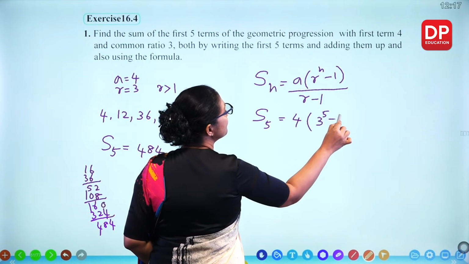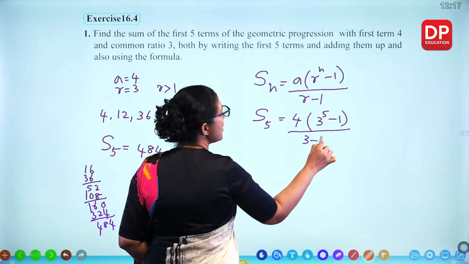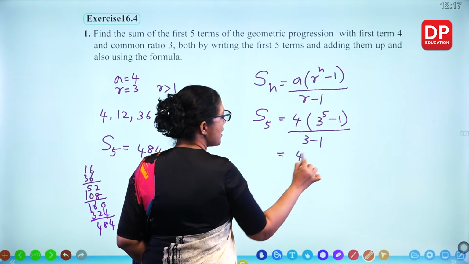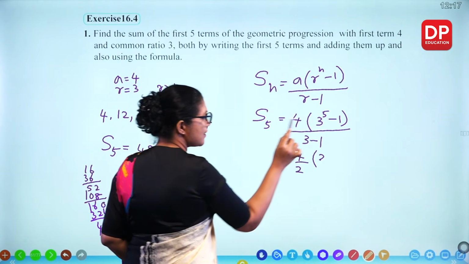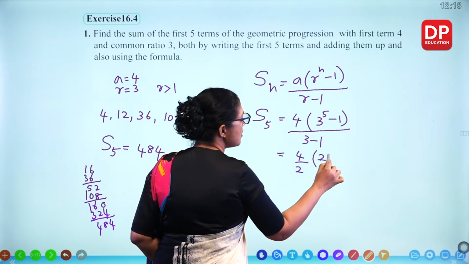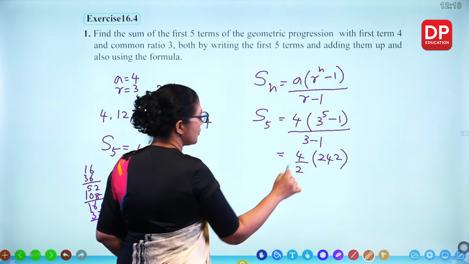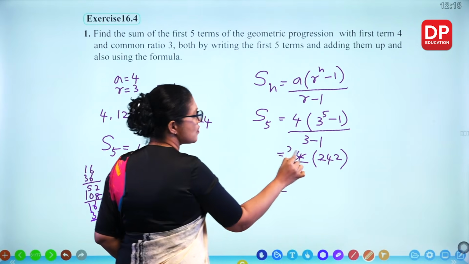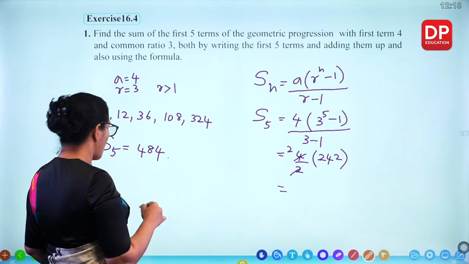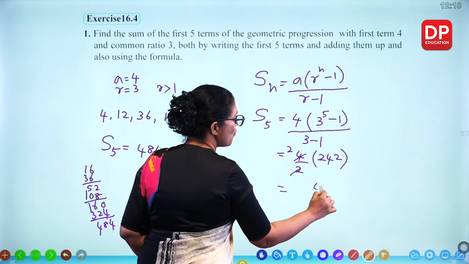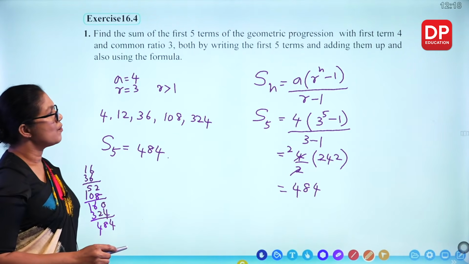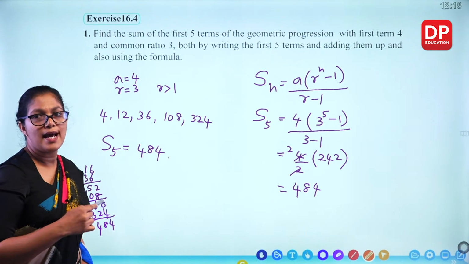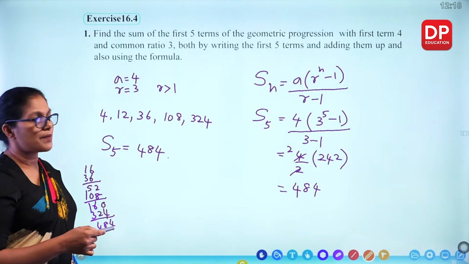Ratio is 3. 3 minus 1 is 2. 3 to the power 5 is 243, minus 1, 242. Now simplify. 2 times 242 over 2, you get 484. Using the formula as well as by adding the 5 terms.